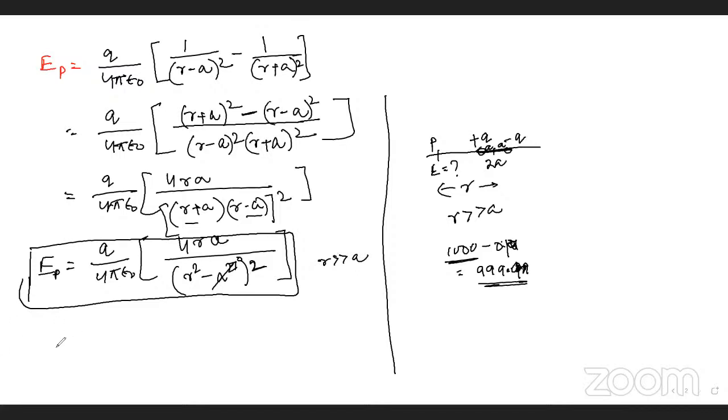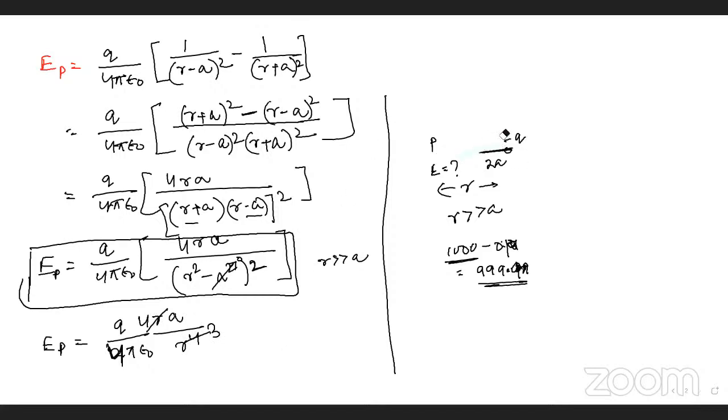So what is the final expression we are getting? The field at a point P on the axis is q by 4 pi epsilon naught, 4 r a by r to the power 4. Now r is there in the numerator, so r to the power 4 will cancel to r cube.